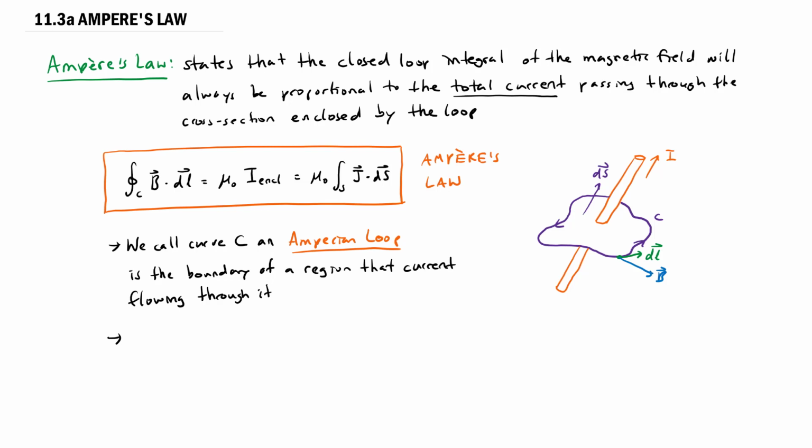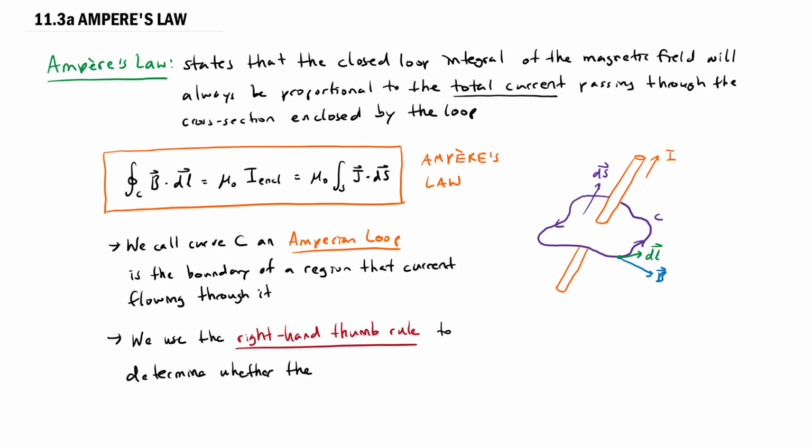So in order to figure out whether the current is positive or negative, we have to use the right hand thumb rule to determine whether the current is positive or negative.